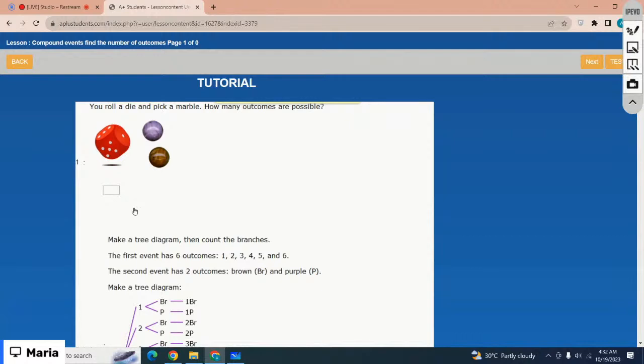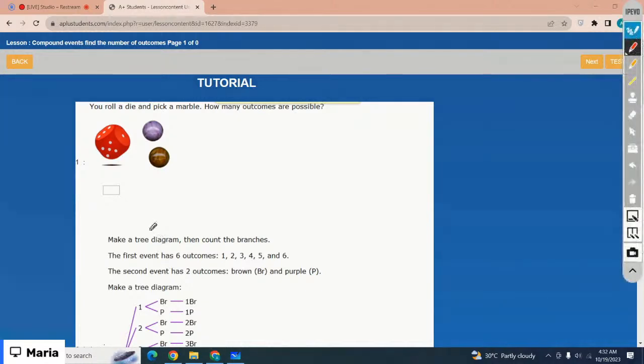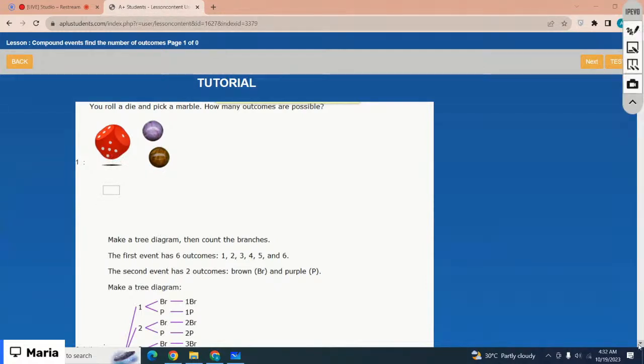When you have to calculate the outcomes of a compound event, you multiply. This one has six outcomes, this one has two, so the total possible outcomes are 12. Got it? You can see the tree diagram here.